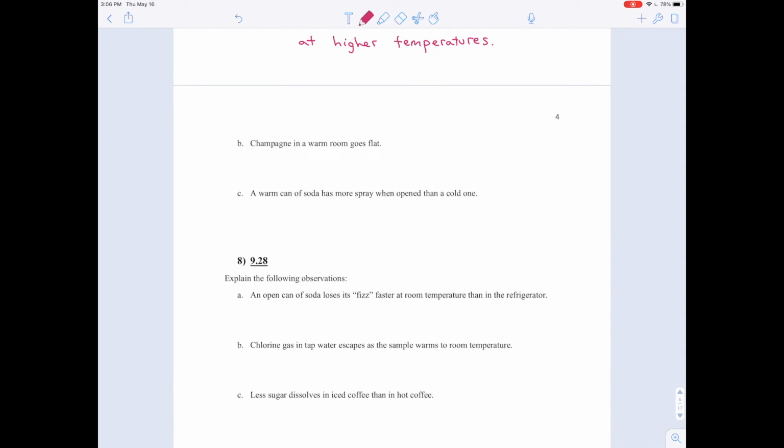Flat champagne is champagne that doesn't have any bubbles in it anymore. So all of the gas that's dissolved in it, which is carbon dioxide, has escaped. So why? Well, the bubbles in champagne are a gas, and gases are less soluble, dissolve worse at higher temperatures.